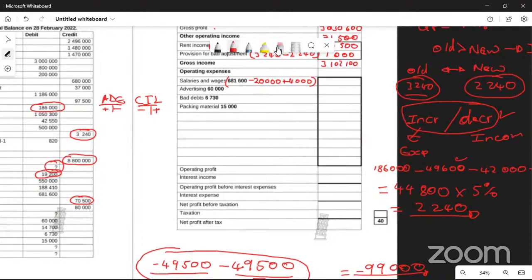Now we are subtracting, because they paid in advance. So 20,000 minus 4,000, which will give you 657,000.